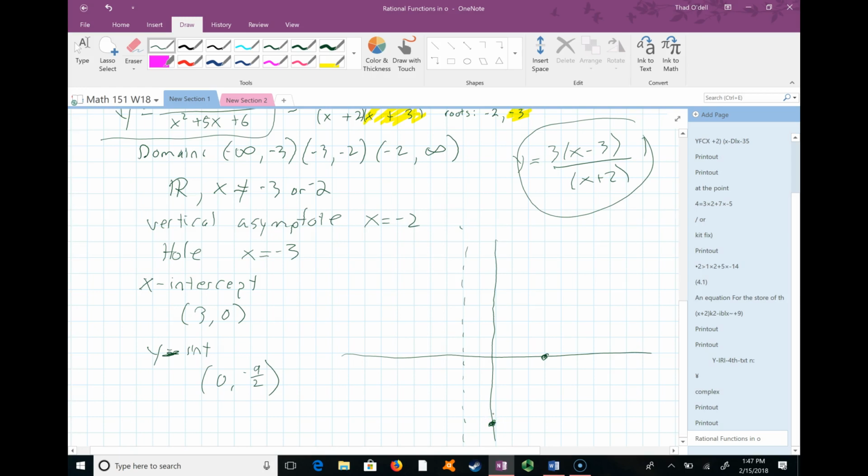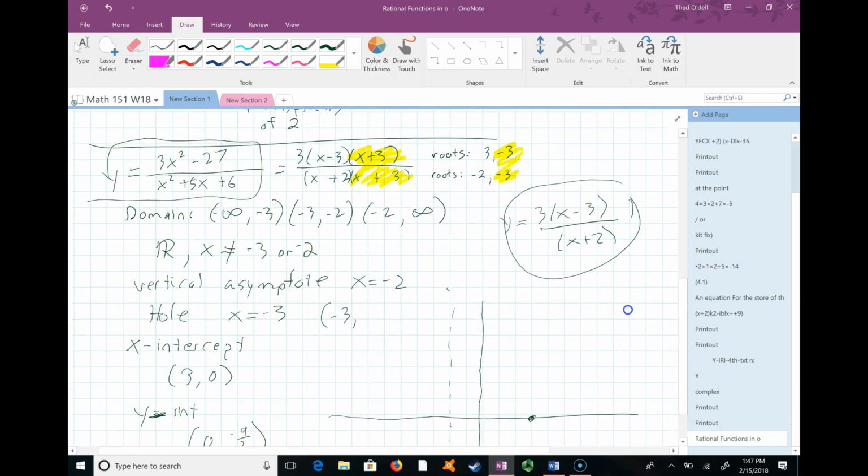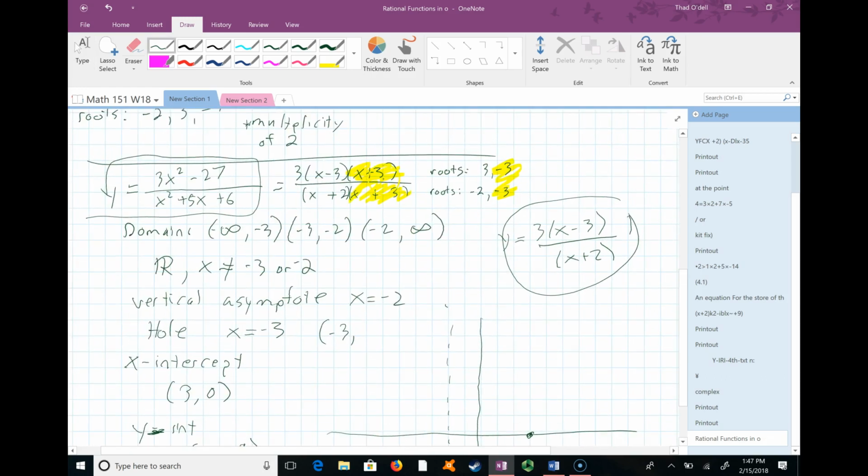We didn't find out where that was. So if we want to find out where the hole is, obviously it's at -3, something, and we can find that. Now, follow this closely. Notice we don't want to plug it in here, because if I plug a -3 in there, I'll get 0 over 0, which would be undefined. But since we said this graph is just like that everywhere except for at -3, we could just plug -3 in here to find out, because this will have a point where this has a hole.